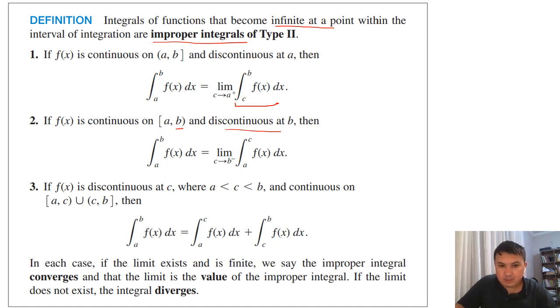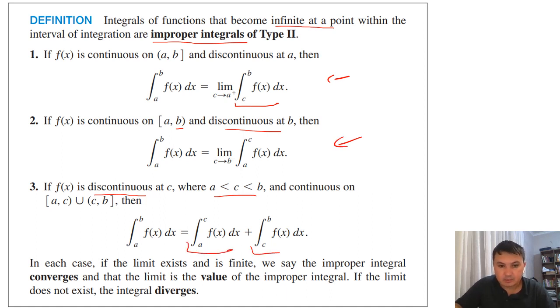What if this bad point, this discontinuity point, is not one of the endpoints of the interval, but somewhere inside? Well, then you split your integral from a to c and c to b, and then you apply the previous two rules for each.